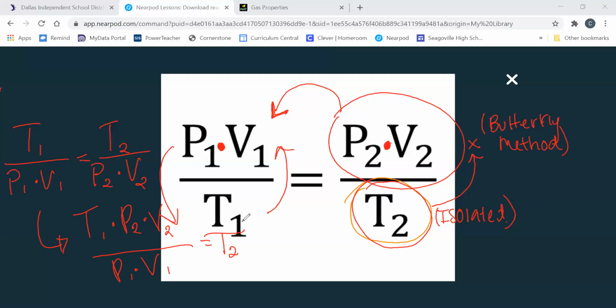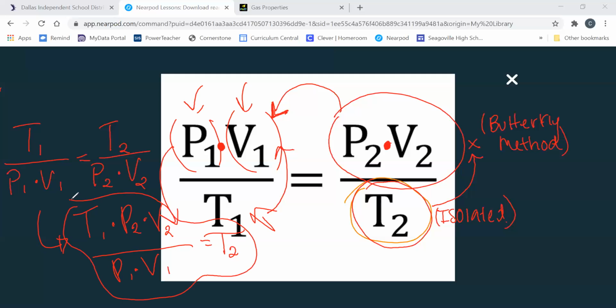You're going to be given numbers with units, and you're going to put them in these empty spaces, where the letters are. So this is how I solve for T2, and then in the problem, all I have to do is plug in the numbers in the equation, and I get my answer for T2.